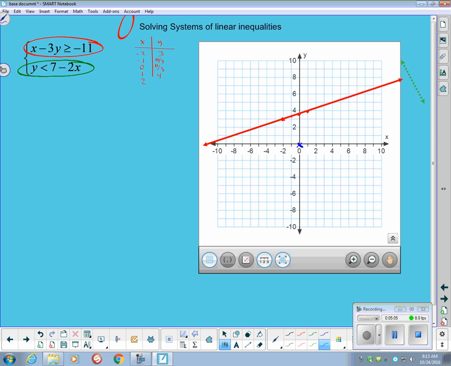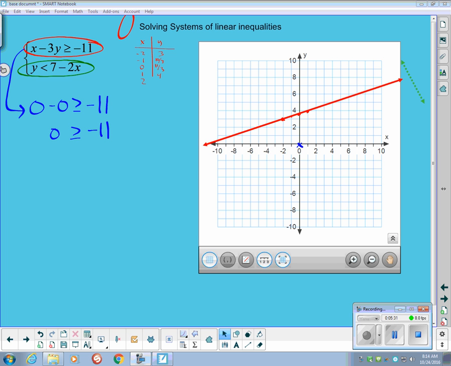If I put that into my first inequality here, I get that 0 minus 0 is greater than or equal to -11. And the question is, is 0 bigger than -11? Then the answer is yes, absolutely it is. So that should be shaded below that line, so that I cover up my test point.